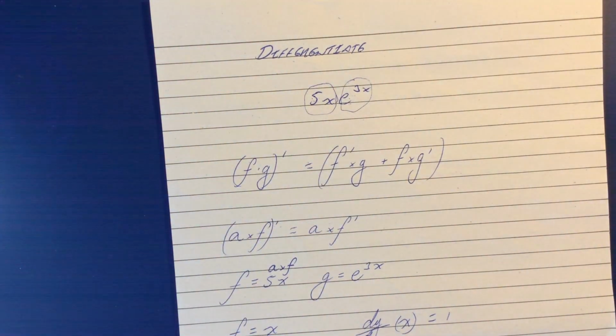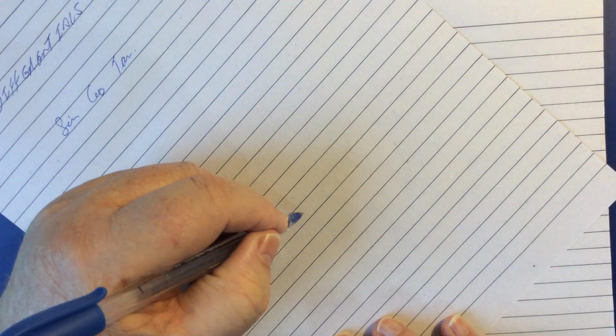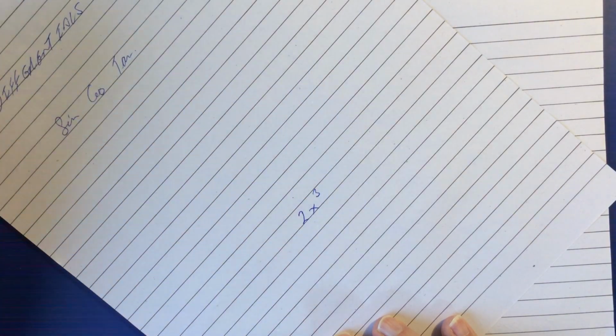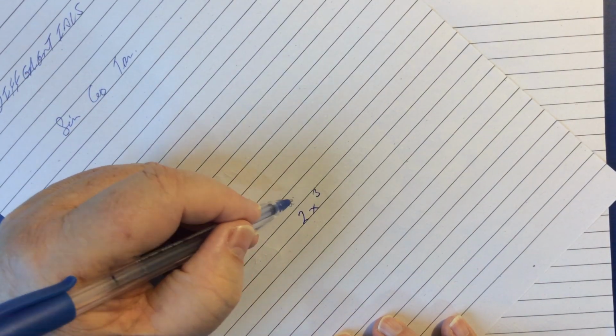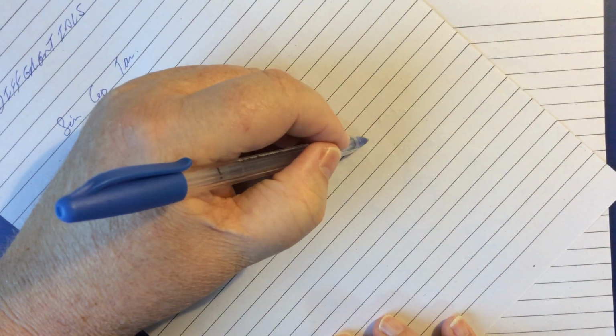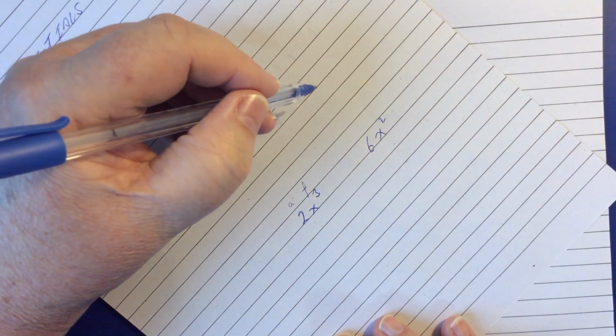Now, just let me explain that in really, I hope, straightforward terms. So if I have something like 2x to the power of 3, what I'm saying is that this is a and this is f here. And so if I differentiate this, what I get is 6x squared.